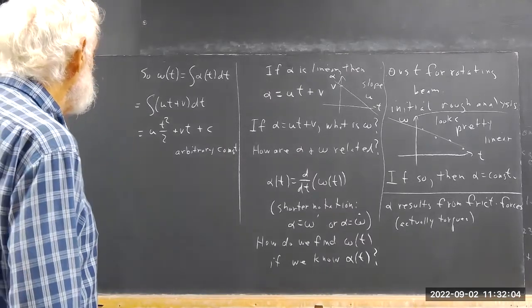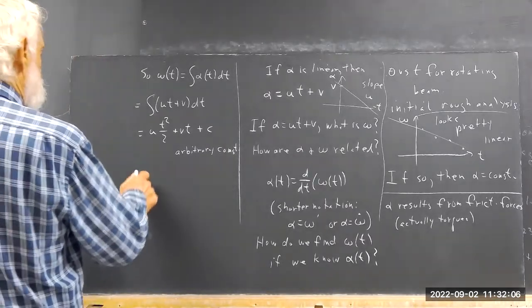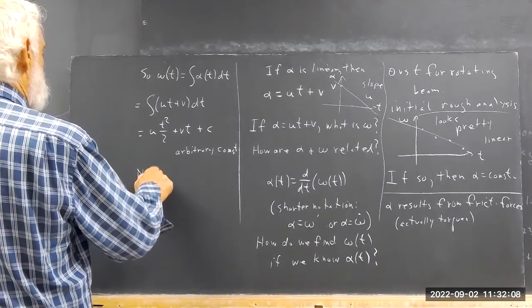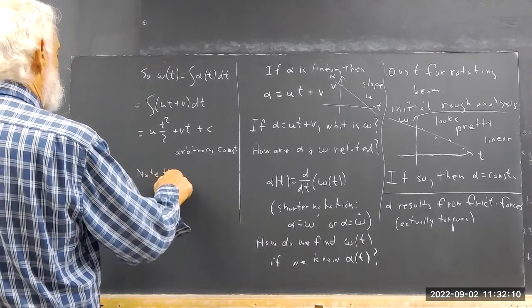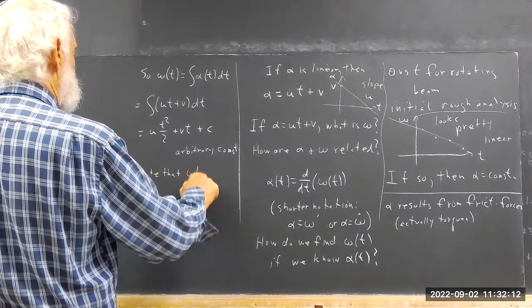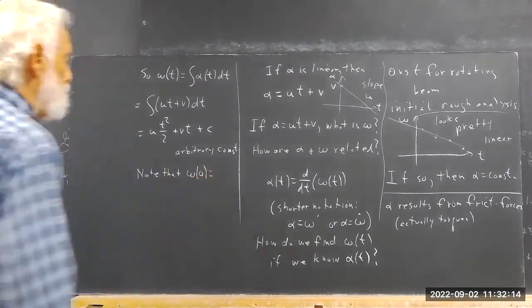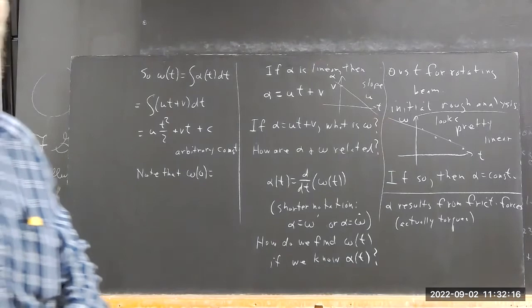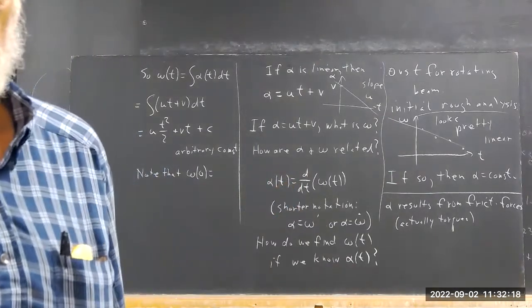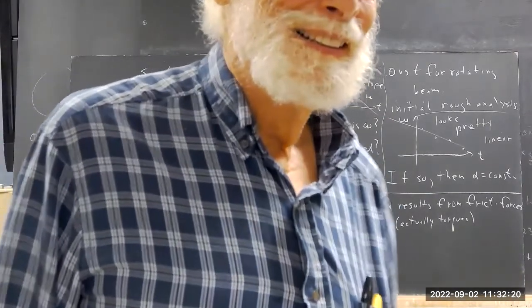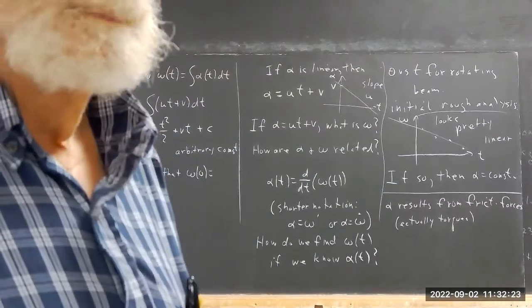Okay, so what's omega of 0? You can kind of make the shape with your hand, or if it's a number. So omega of 0.